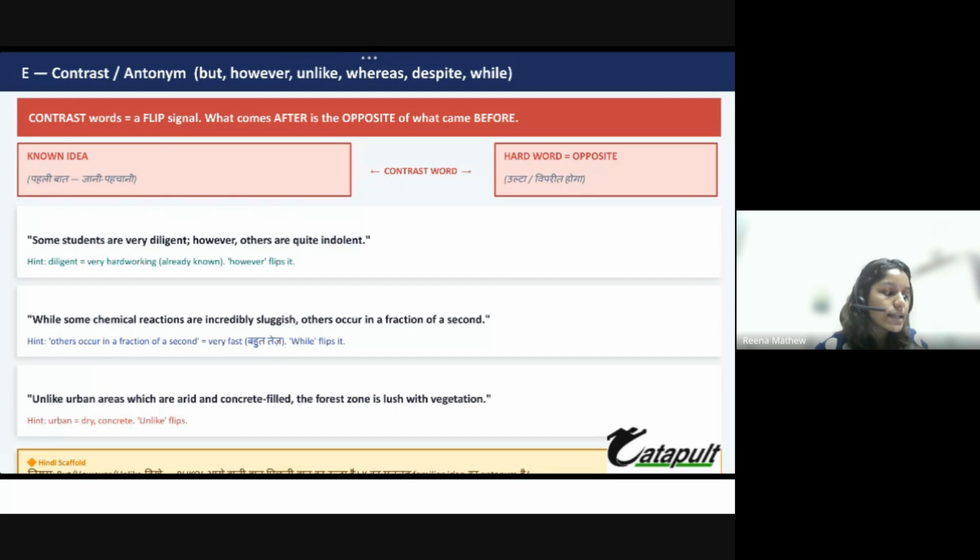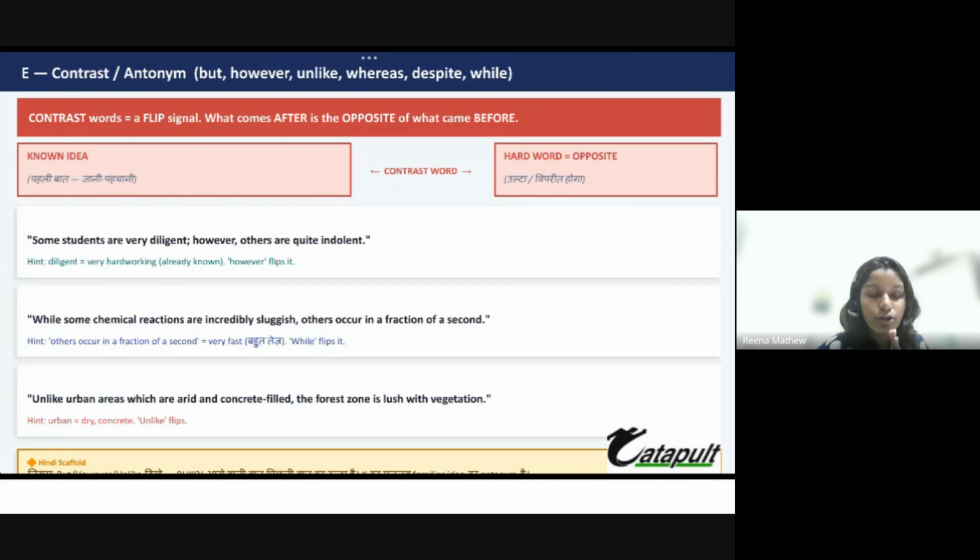Okay. Second sentence, look. While some chemical reactions are incredibly sluggish, others occur in a fraction of a second. So what does sluggish mean? We don't know. But in the later part of the sentence, what is the contrast word? Try to find it.